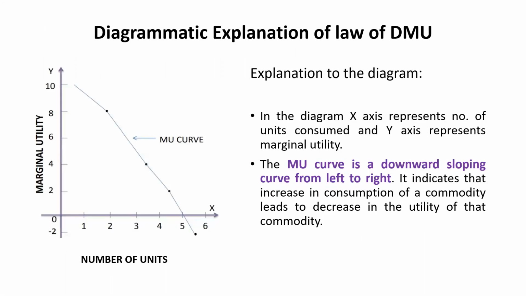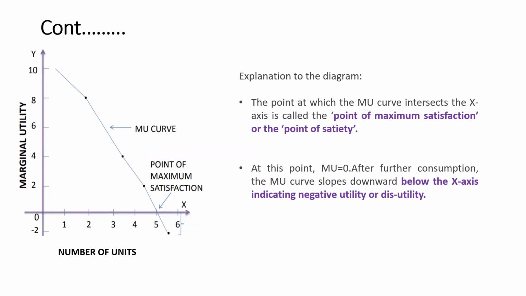Diagrammatic explanation of the law of diminishing marginal utility. In the diagram, the x-axis represents the number of units consumed and the y-axis represents the marginal utility derived from the consumption of units. The MU is a downward sloping curve from left to right, which indicates that an increase in consumption of a commodity leads to a decrease in the utility of that commodity.